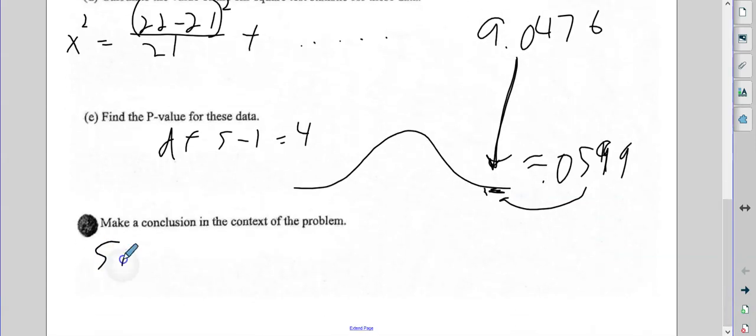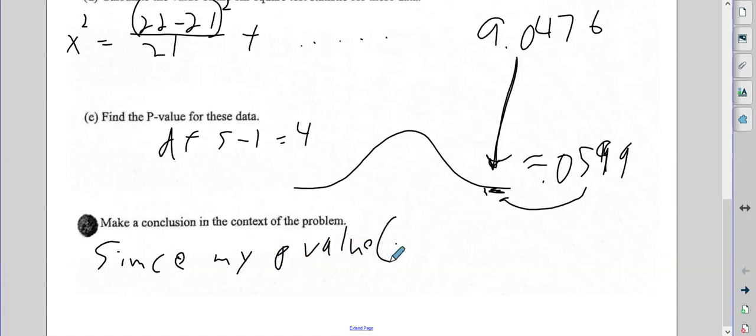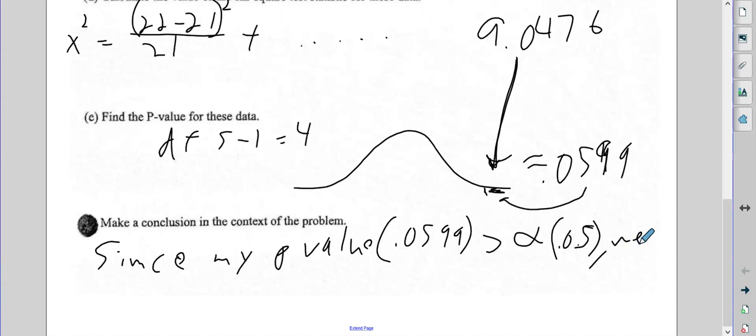Make a conclusion in the context of the problem. So this is that same statement we've been doing every time. Since my p-value, and I always like to put in parentheses what it actually is, is greater than my alpha, again, what is that? 0.05. We fail to reject the null.